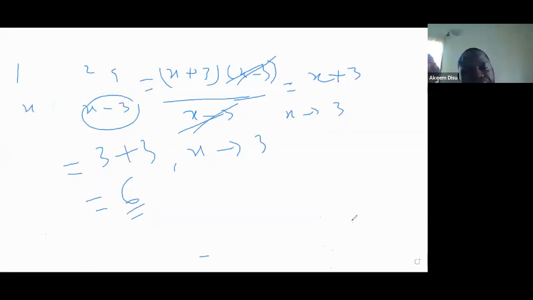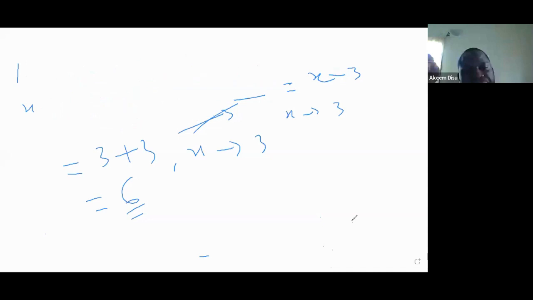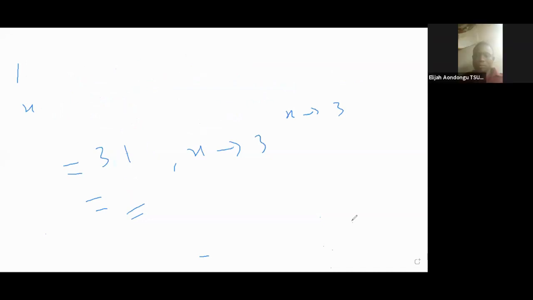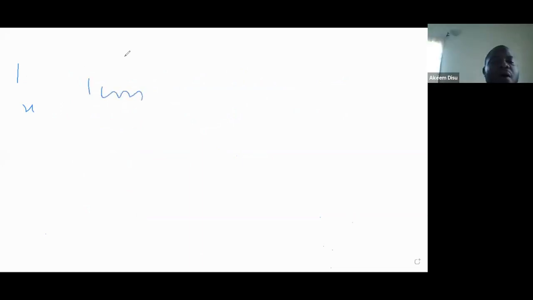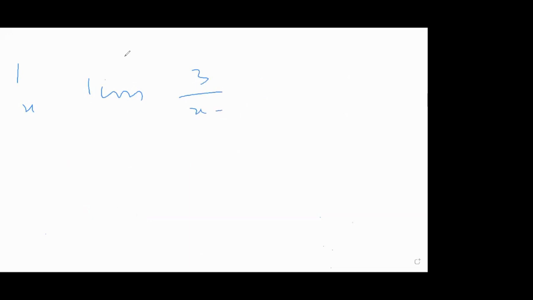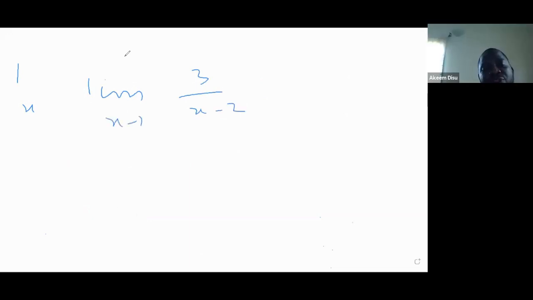Let me get to my whiteboard. Okay, can you see? This is my whiteboard. We want to find the limit of 3 over x minus 2 as x tends to 2.